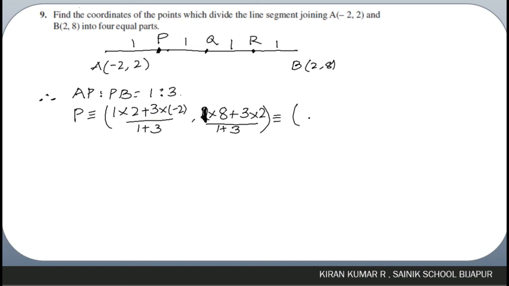So the coordinate will be minus 4 by 4, comma 14 by 4. Further simplification, we get negative 1 comma 7 by 2. This is the coordinate of point P.